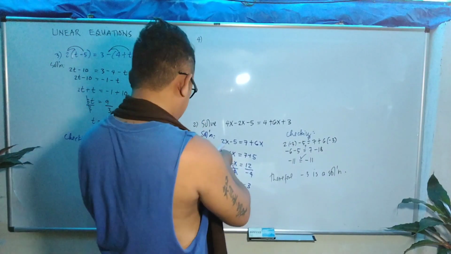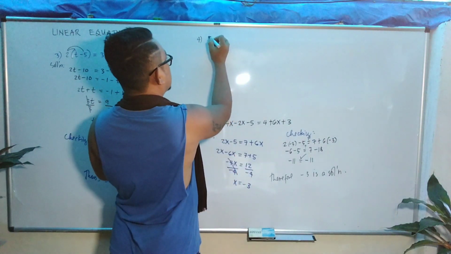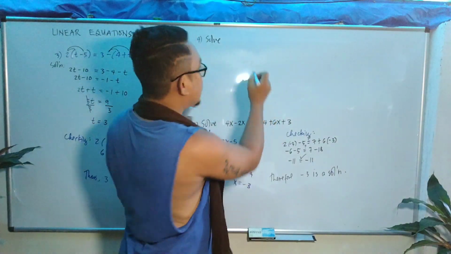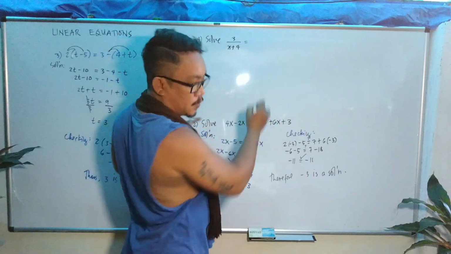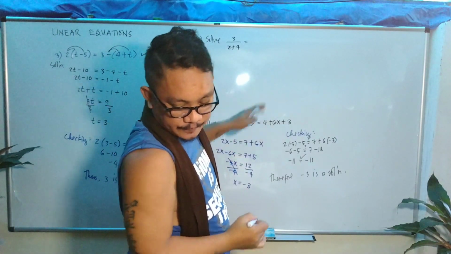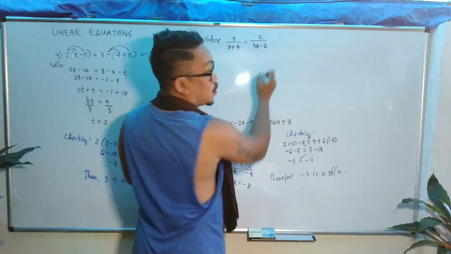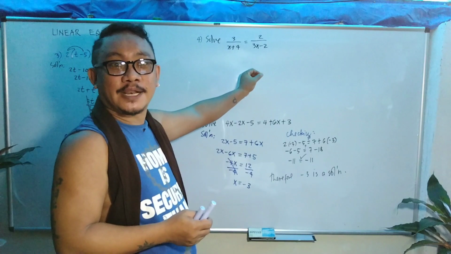Okay, we have solve 3 over x plus 4 is equal to 2 over 3x minus 2. Okay? So, lahat na po siya nga example class, no?